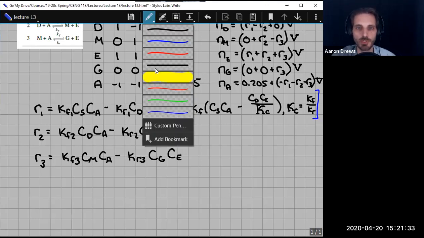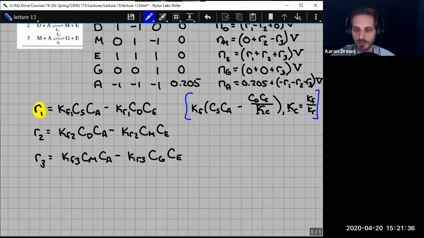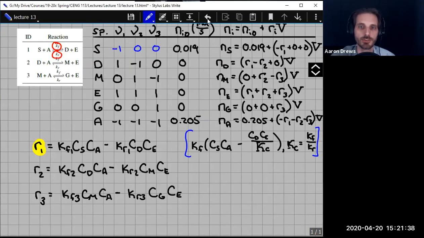Right, and so each one of these rates, this R1, the rate of reaction 1, shows up inside of our net rates in a lot of places, right? Exactly that expression shows up for the soybean oil, the diglyceride, the ester, and the alcohol, right? So that one equation is going to get thrown into a lot of different things. Same idea with 2 and 3.